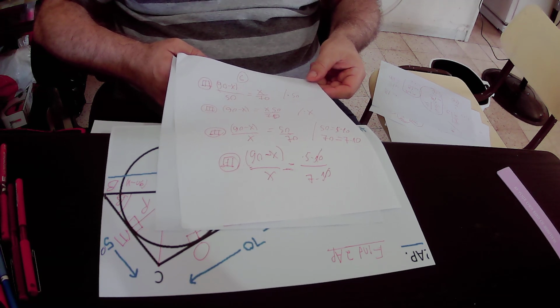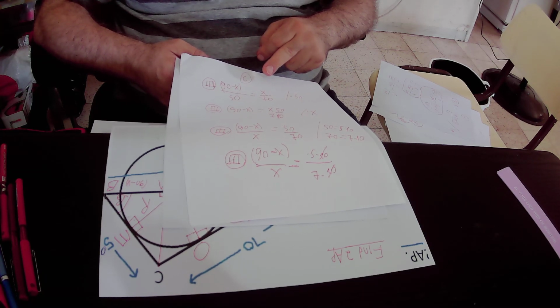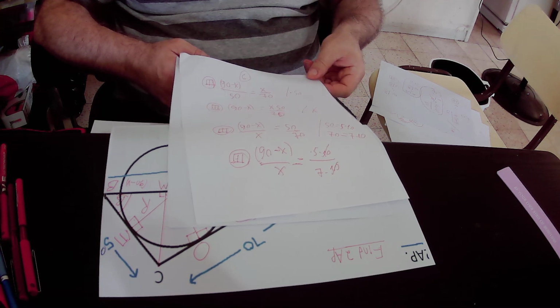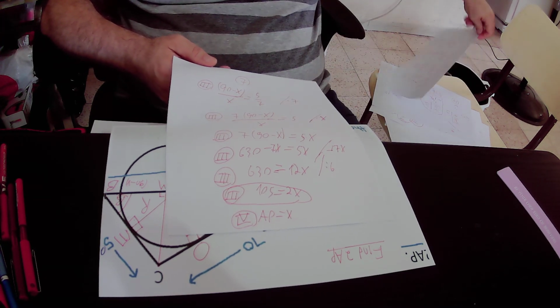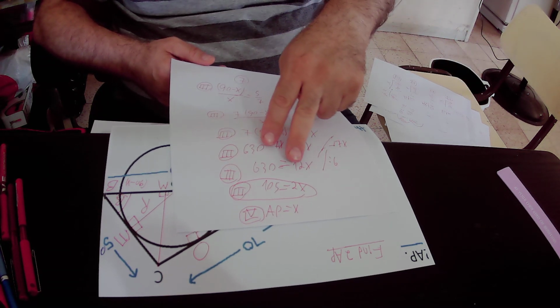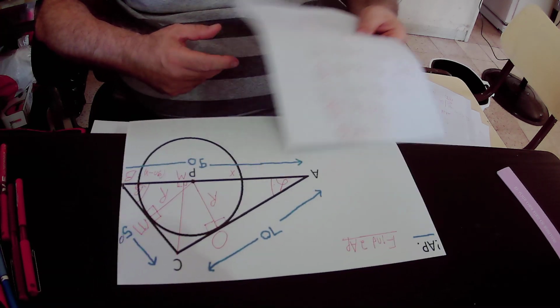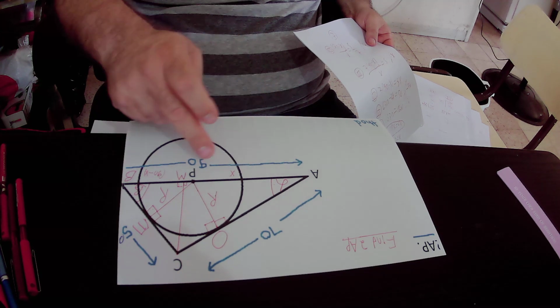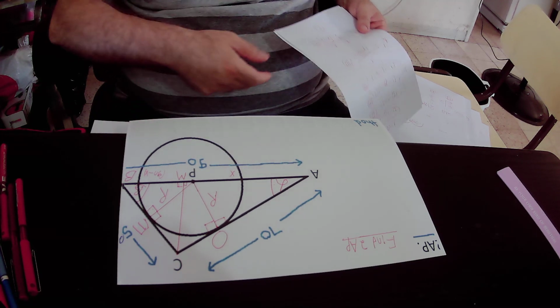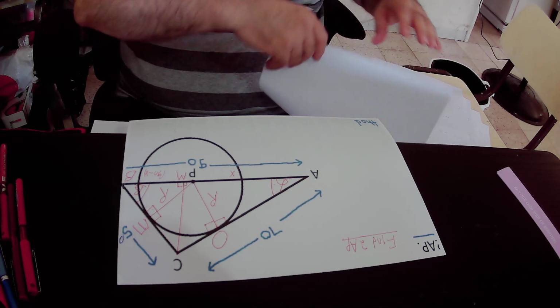After we have this equation, it has only one variable, that is x. We got that 2x equals 105 units from one side, but we also know that AP equals x. So 2 times AP equals 2 times x.